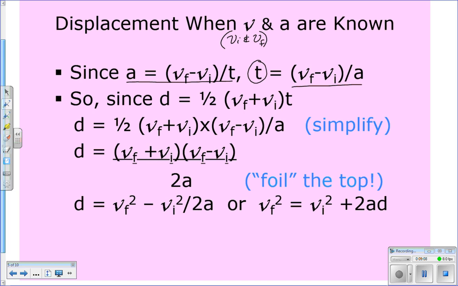Then, going back to that first equation we found today, we take 1/2 of VF plus VI times t and substitute this in for the t. We end up with 1/2 of VF plus VI times VF minus VI all over a.